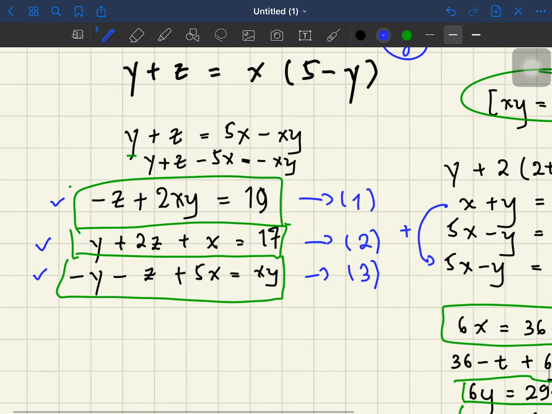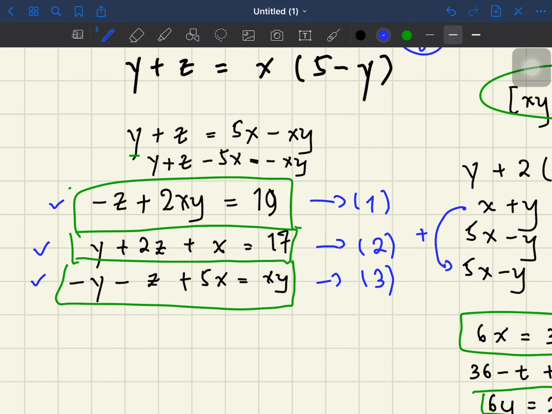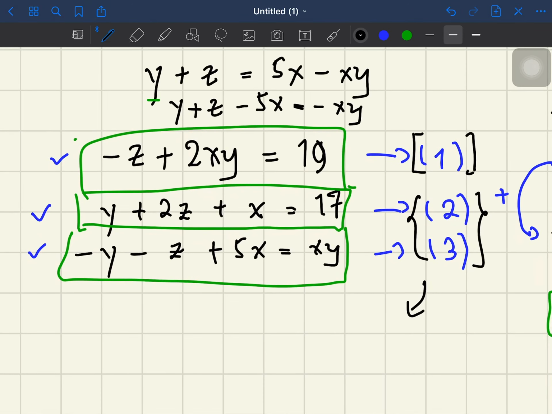And then for x and y, you just solve with two equations. Since you have chosen the first one as the equation to solve for z in terms of t, you must choose 2 and 3 as the pair of equations for solving x and y, as you can see here.